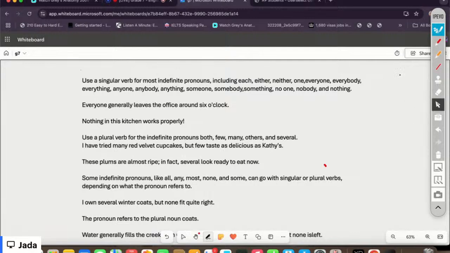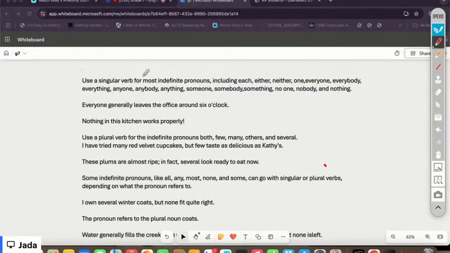So we use a singular verb for most indefinite pronouns. When you have indefinite pronouns, you have to use a singular verb, including each, either, neither, one, everyone, everybody, everything, anyone, anybody, anything, someone, somebody, something, no one, nobody, and nothing. All these are indefinite pronouns.